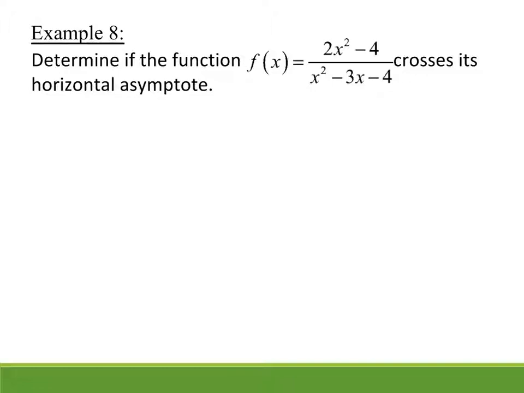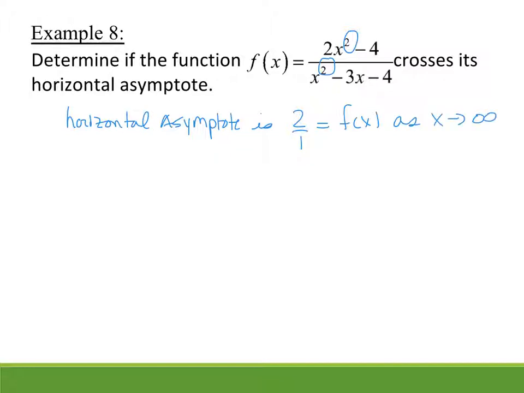In this particular case, the horizontal asymptote is 2, because both the numerator and the denominator have the same degree. When I divide them out, I see that 2 over 1 is equal to f of x as x approaches infinity or negative infinity. So we found the horizontal asymptote.